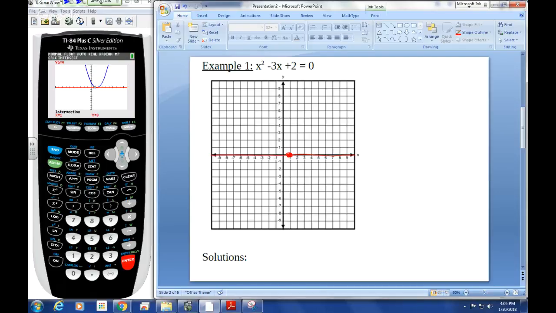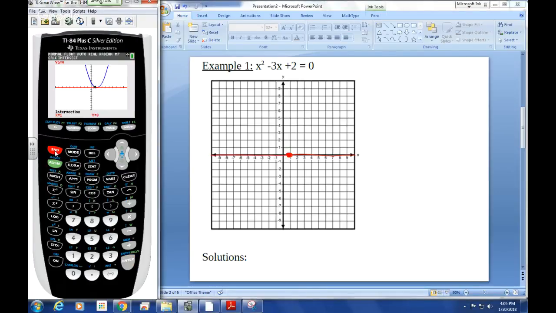Then we hit second, calc, 5, move over, enter, enter, enter. It tells us that we also intersect here at x equals 2.